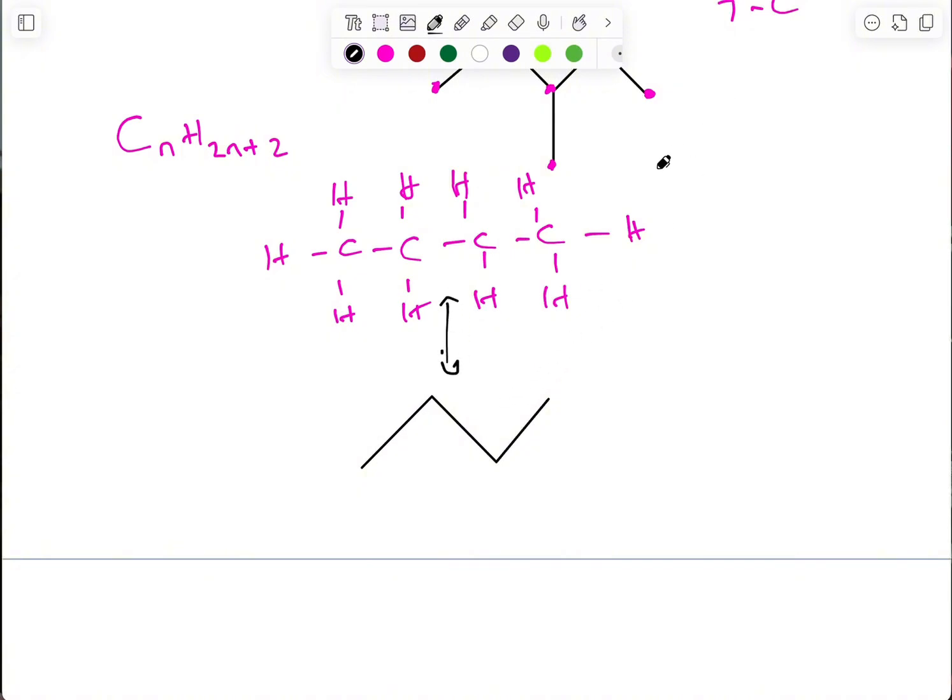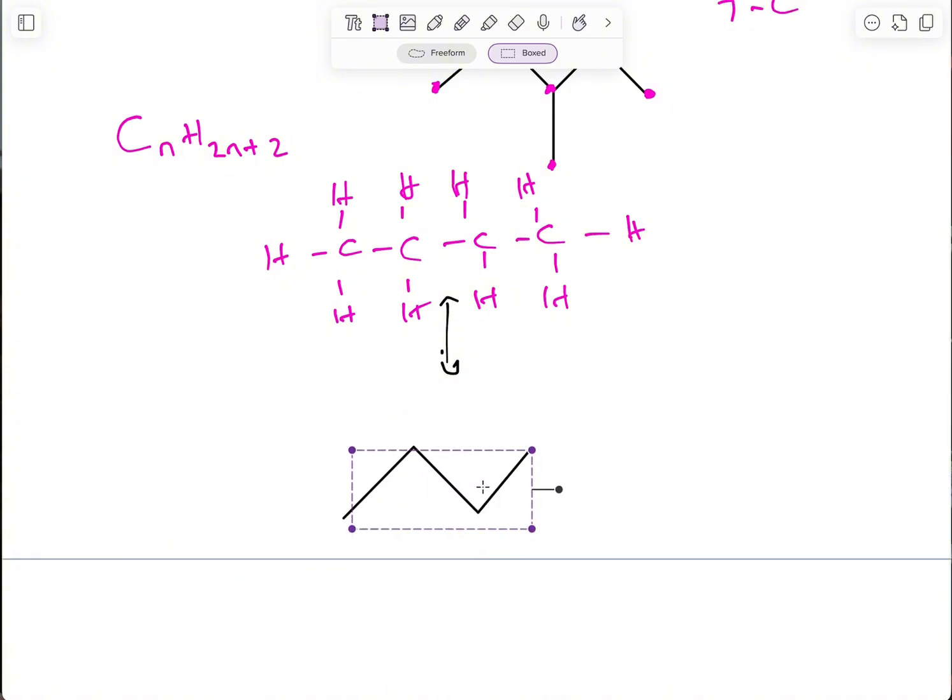So how can we determine the isomers? Basically, you begin to break them down one after the other. By breaking them down, I mean you remove one of the ends. You can remove from the left end or from the right end. So I'm going to remove from here.